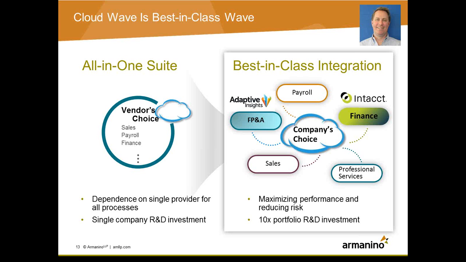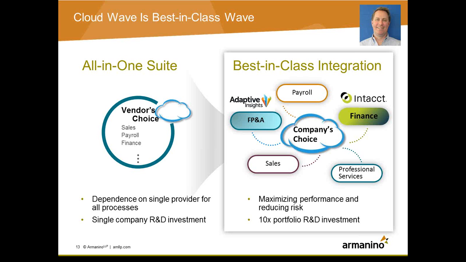In this case, what we're highlighting is an integration of Adaptive with Intacct, and leveraging that best-of-breed concept. The difference versus an all-in-one suite is that in the suite, it's the vendor's choice, not our client's choice.